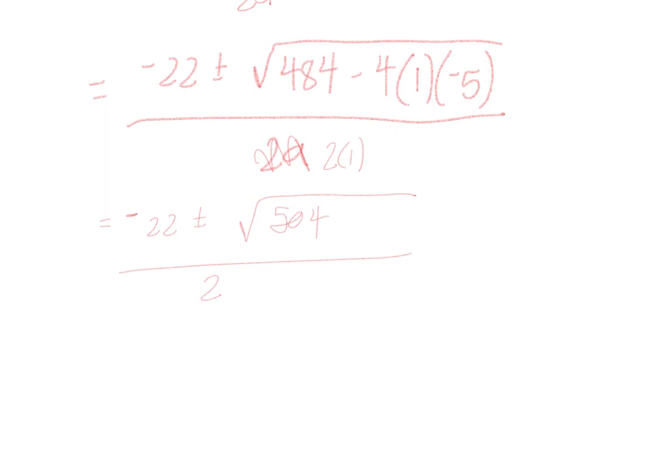Once you get the inside of that simplified, you want to make sure that your square root itself doesn't simplify. So is there a square root in 504? I don't think so, but double check that. There's not.